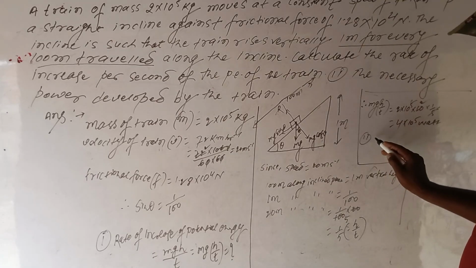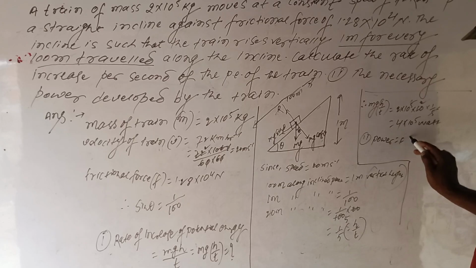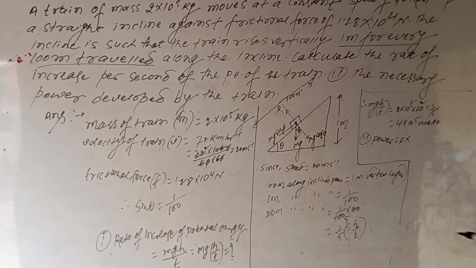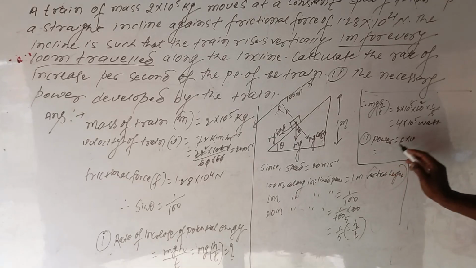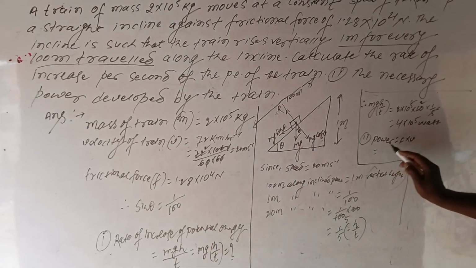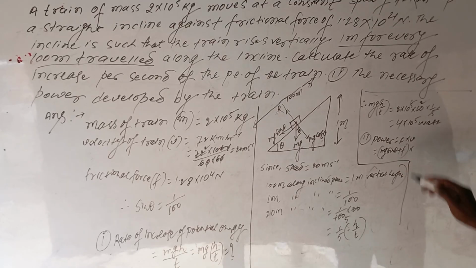Another point to be calculated is the necessary power. How much power is necessary for the train to rise on the inclined plane? It means along the hypotenuse. We know that power is the product of force and velocity.